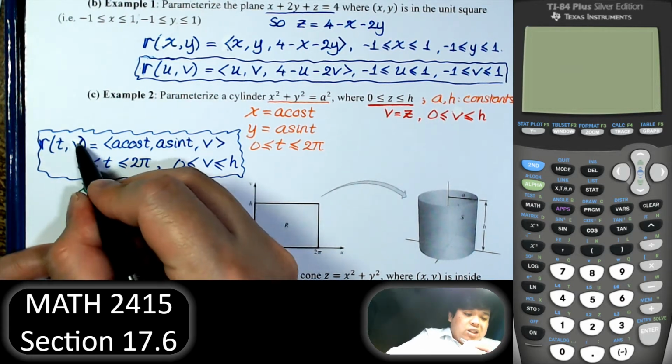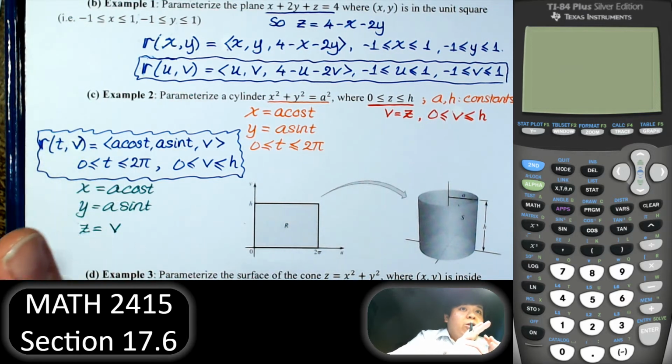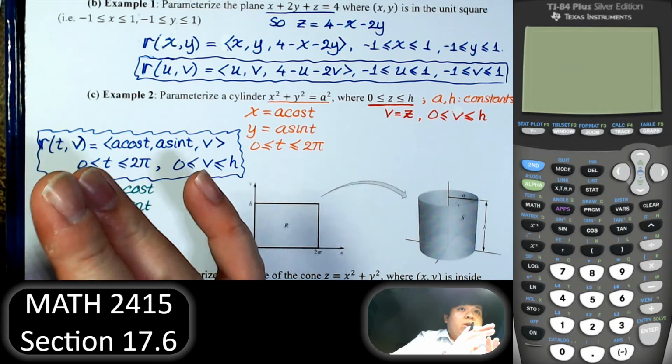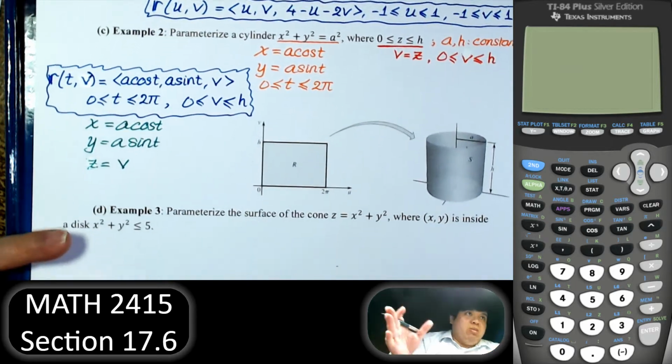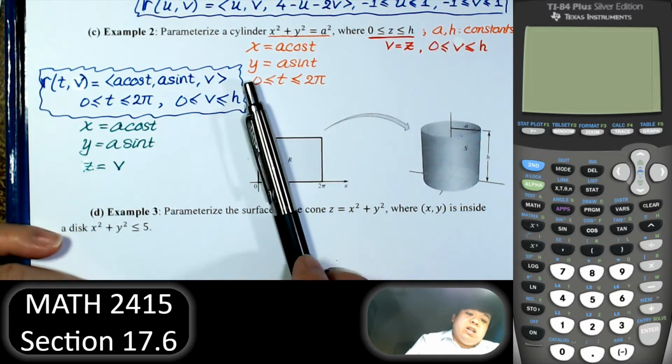Or we can just use z here instead of v. That's perfectly fine, as long as we have two parameters that give us x, y, z. So notice that this is the surface of a cylinder.